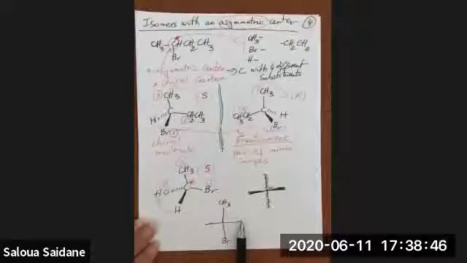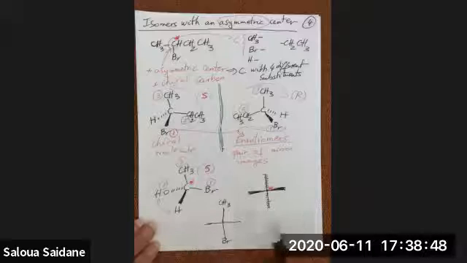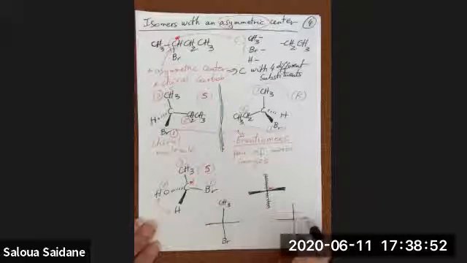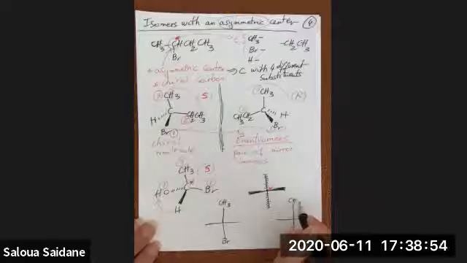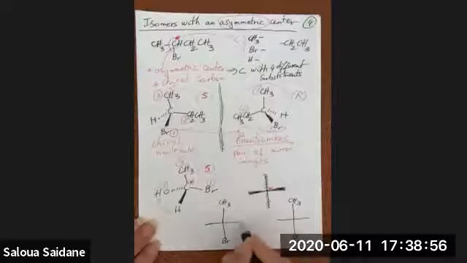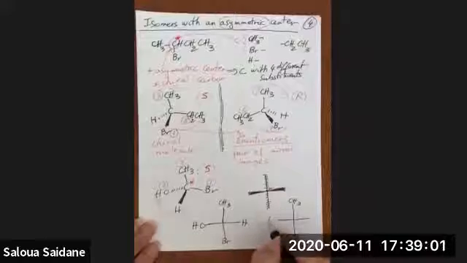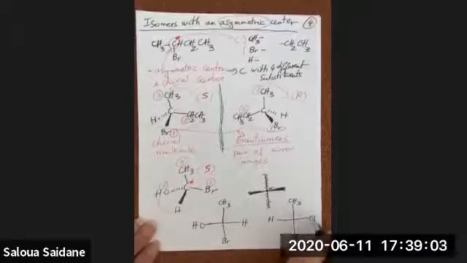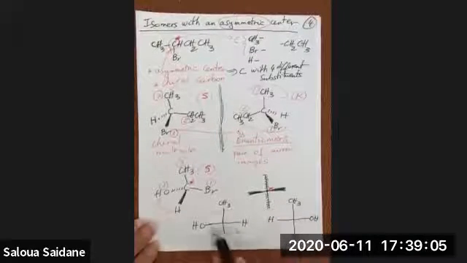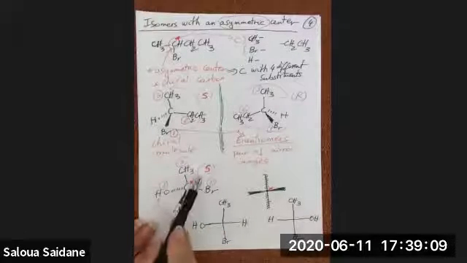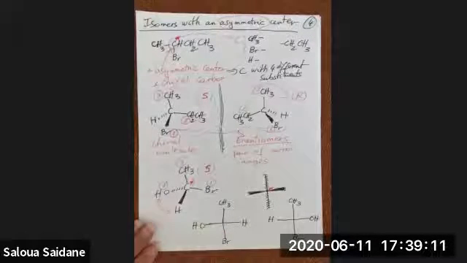I'm gonna write both, and then I'll decide which one is the correct one. I can put H here and OH here, or I can put H on the left and the OH on the right. The question is, which one represents this? The one that represents this must be the S.